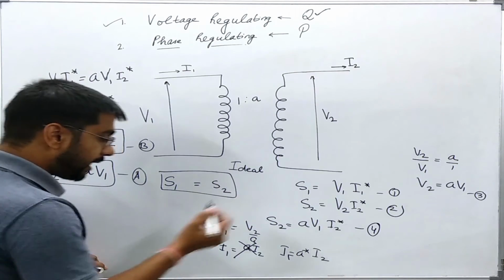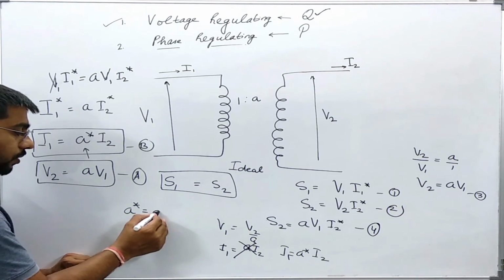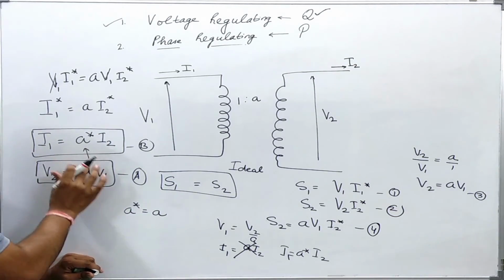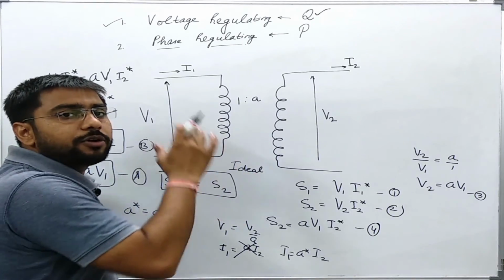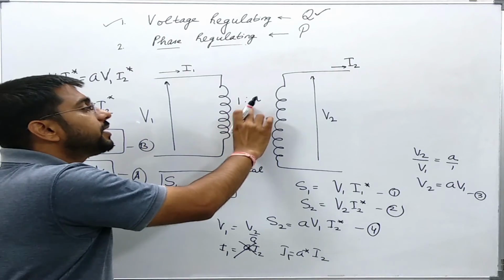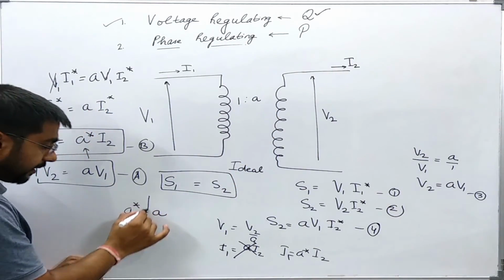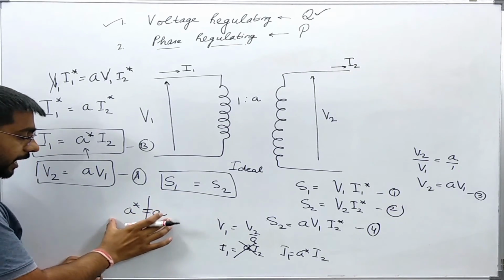Since for a real quantity, its conjugate is equal to the quantity itself, whenever A is real, this equation is the same as we have already studied in our previous lectures for a transformer with real transformation ratio. However, whenever this quantity is not real, then these things might not be equal.